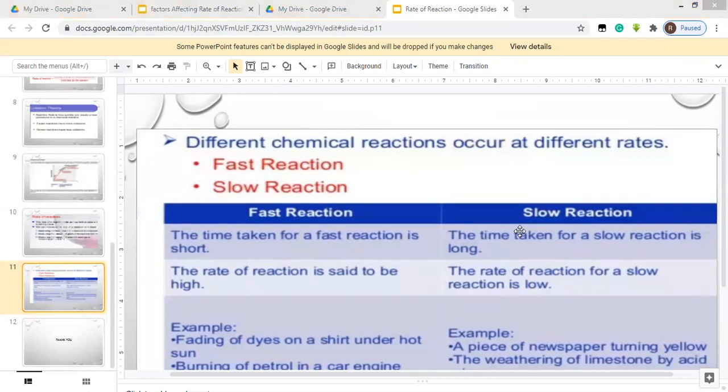The time taken for a fast reaction is short, while the time taken for a slow reaction is long. So those reactions which take a long time to react are slow reactions. The rate of reaction is high for a fast reaction, while the rate of reaction for a slow reaction is low.